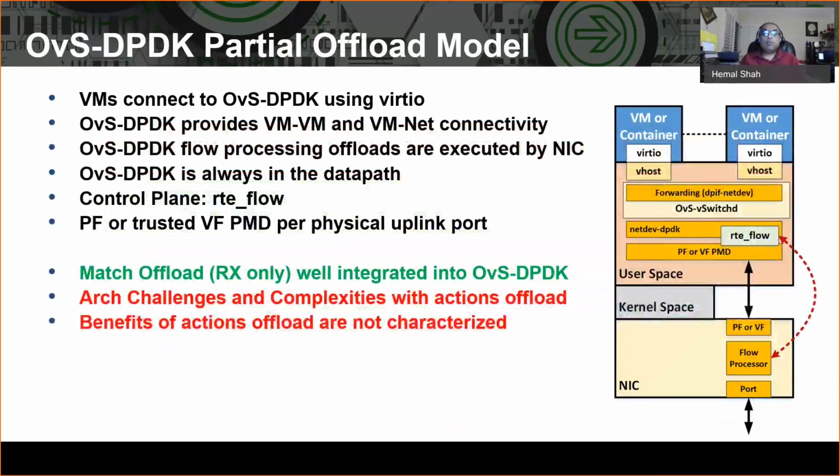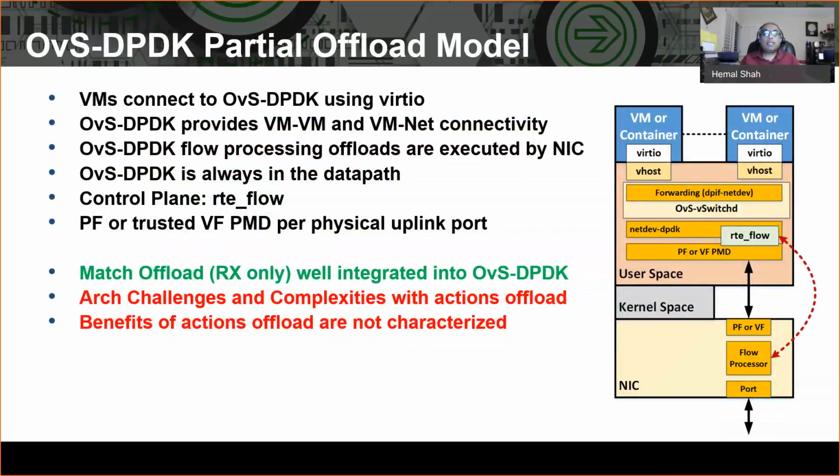So to begin with, OvS-DPDK, this is the user mode implementation of OvS, which allows VMs using Virtio to be connected to the network via OvS. OvS-DPDK provides VM to VM and VM to net connectivity.